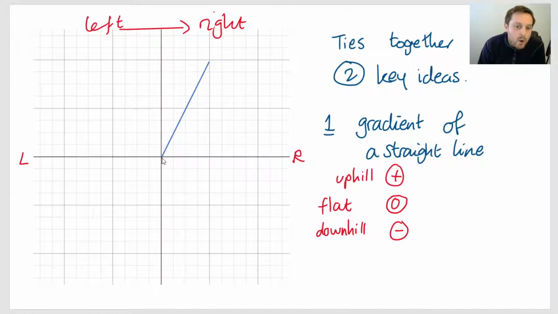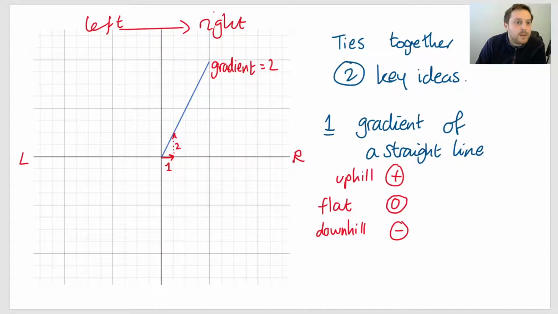We say we go 1 along, and 1 along will mean positive 1 going along left to right. So left to right is positive. And then you ask, how far up do you go to get back to your line? Well, in this example here, I've gone 2 up. And so we just say this has gradient 2. So this one here has gradient 2. Okay, and it's as simple as that.